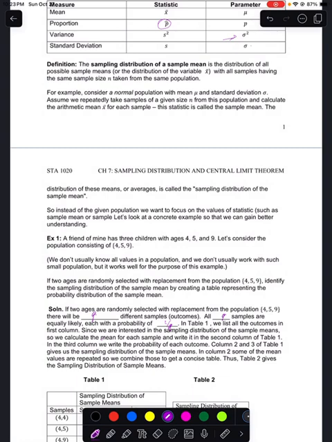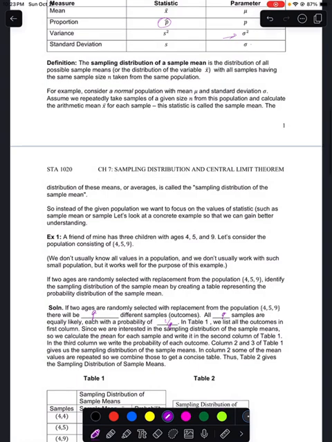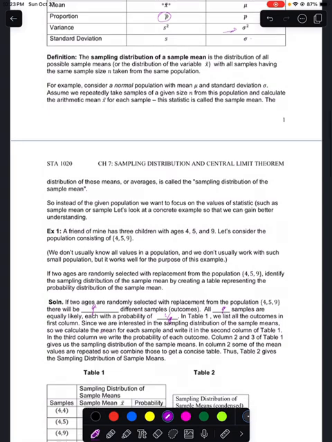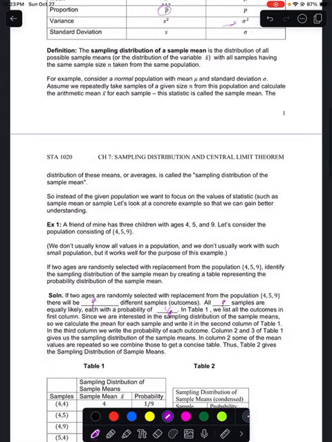In table 1, we have listed all the outcomes in the first column, and in the second column I have found the mean of each outcome. In the third column, I have written the probability of each of them.